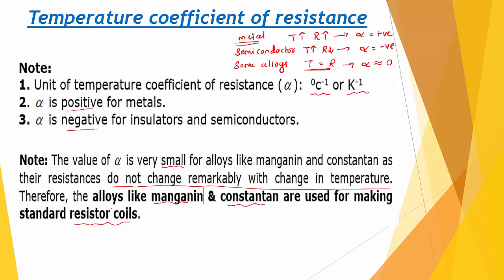The answer is, for these alloys the resistance value does not change with temperature. So we prefer manganese and constantan in the manufacture of resistor coils. So this is all about the temperature coefficient of resistance. Remember the definition, expression and SI unit.